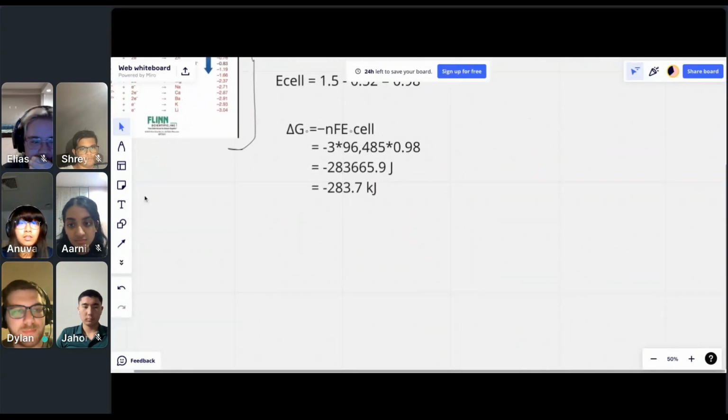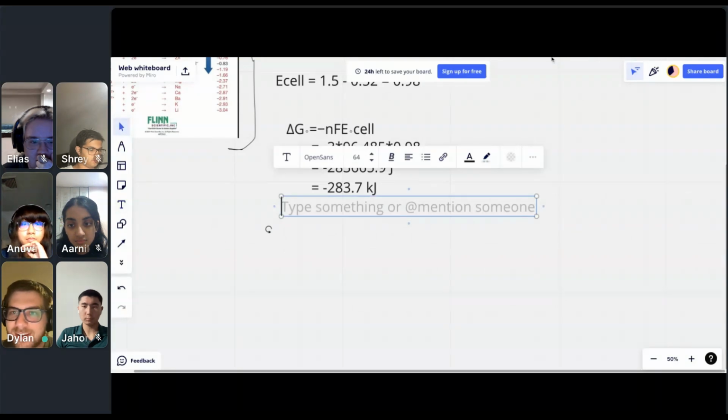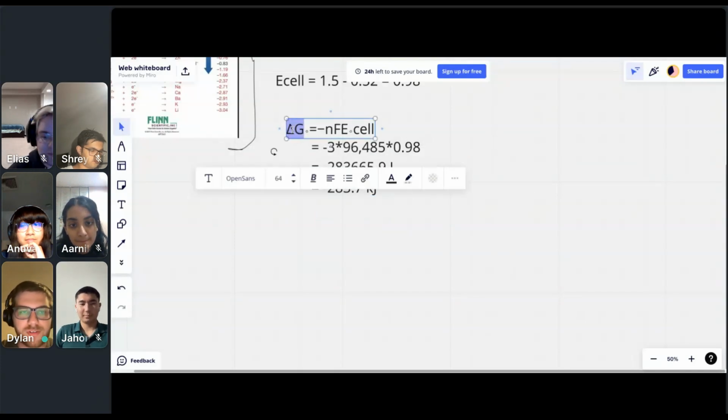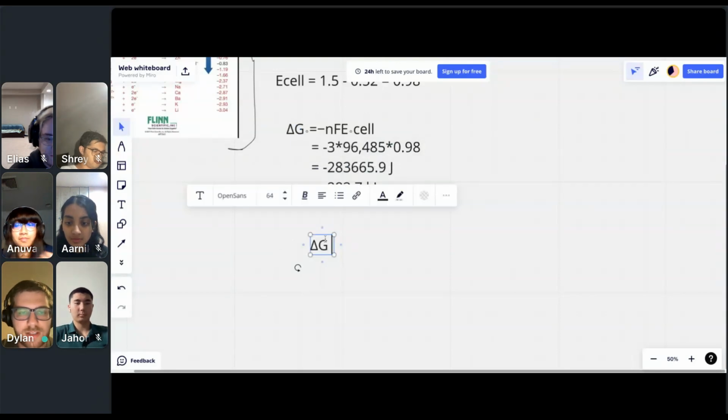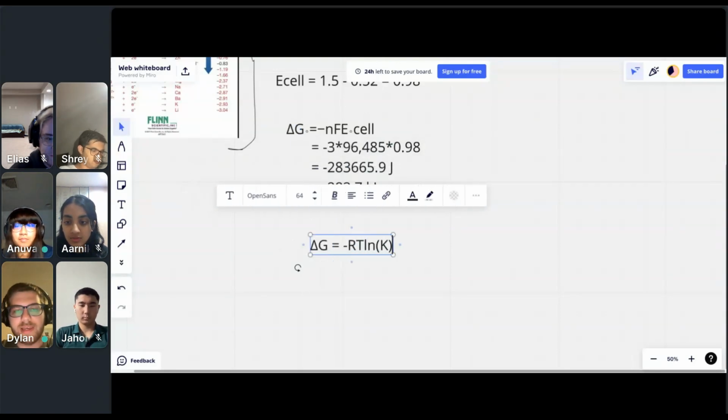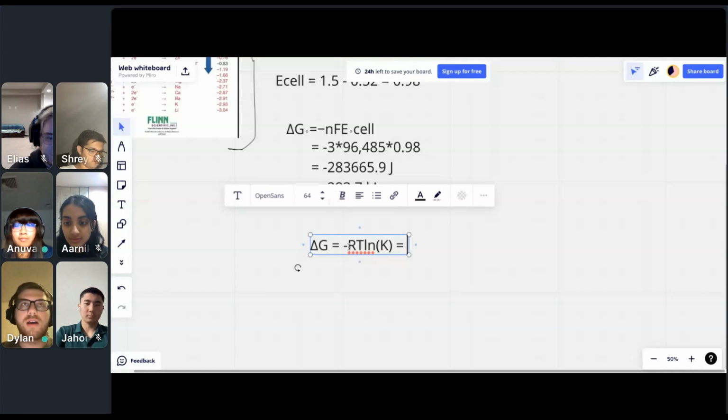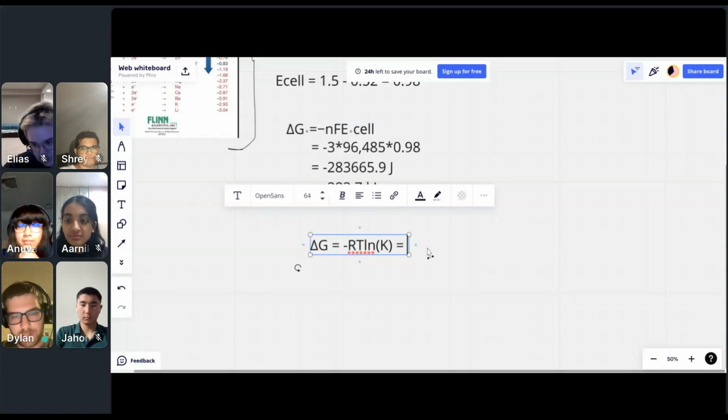Now let's take this one step further because I'm crazy. Now let's look at how we can calculate the equilibrium constant for this reaction. So we have another equation that's pretty central to Unit 9, and that is that delta G equals negative RT ln K, where R is our thermodynamic constant, so 0.082, or excuse me, it's 8.314 joules per mole Kelvin, I think.